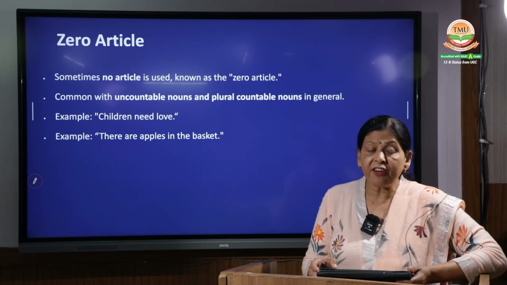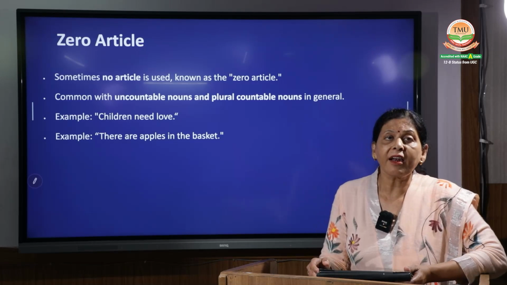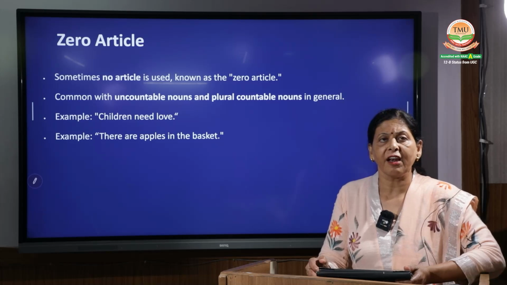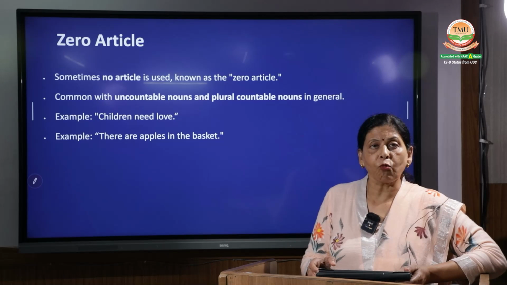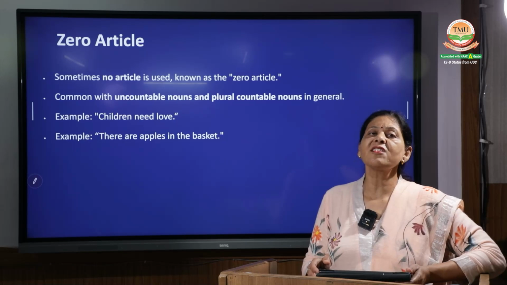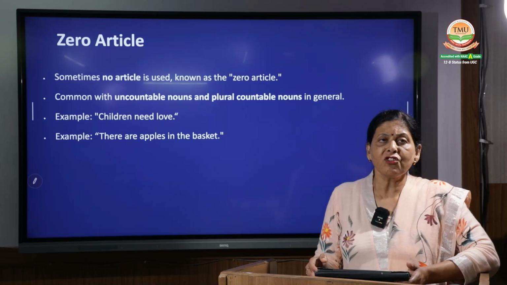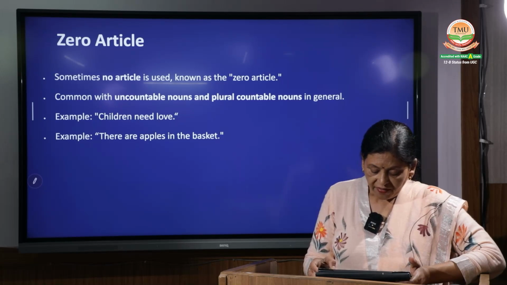Children need love. Children are energetic. One child, two children, three children, but when there are lots of children, they become uncountable. We do not count them when there are a number of children standing, like in the assembly. So it can be treated as an uncountable noun.